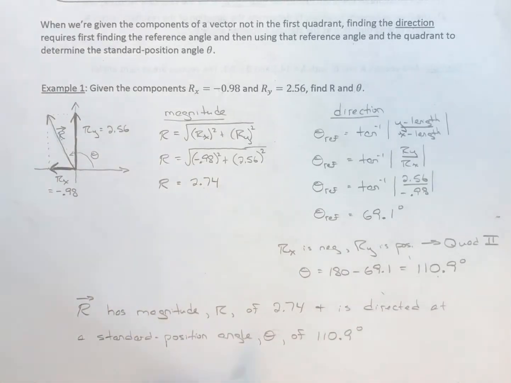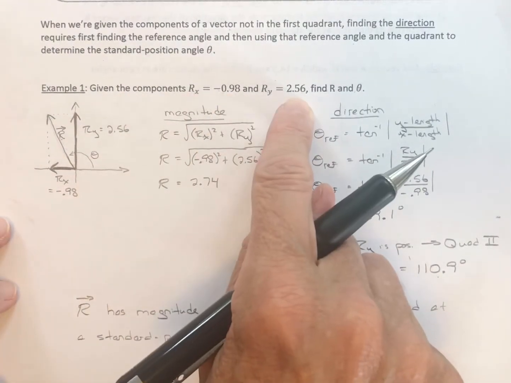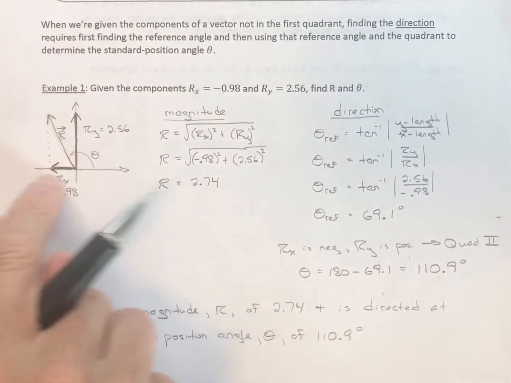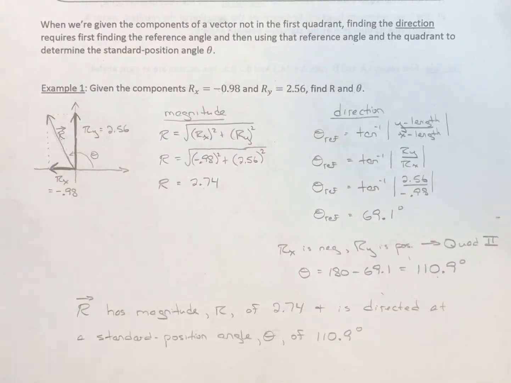So there you have it. There's an example using the components, which we know are going to be along the axes, to come up with the vector's magnitude and direction.